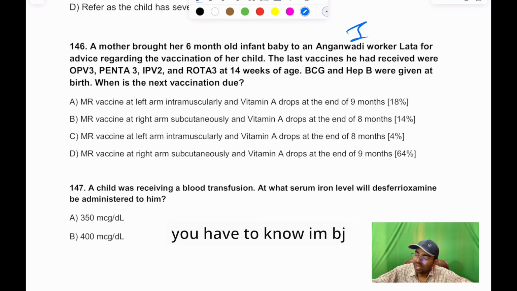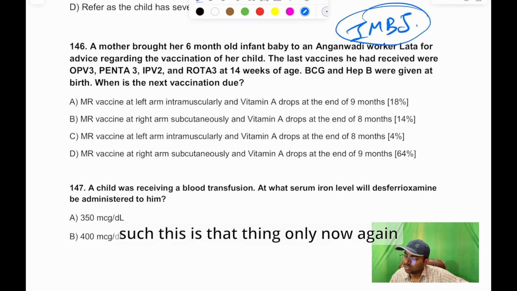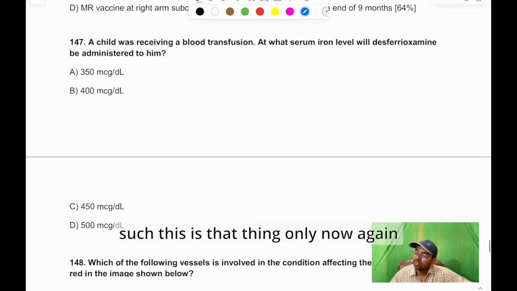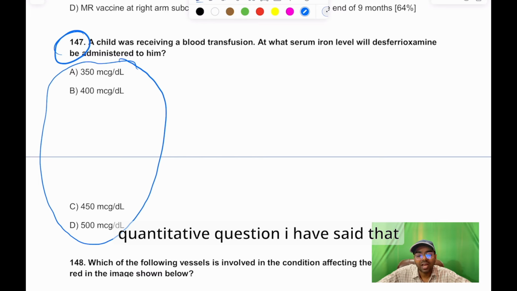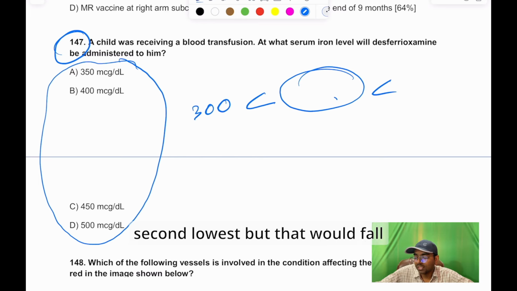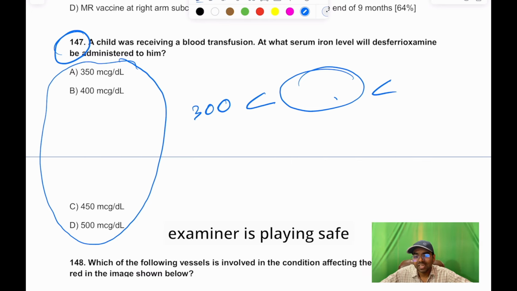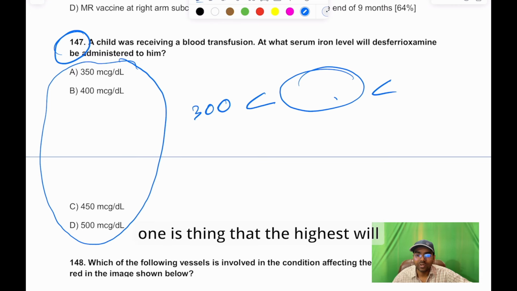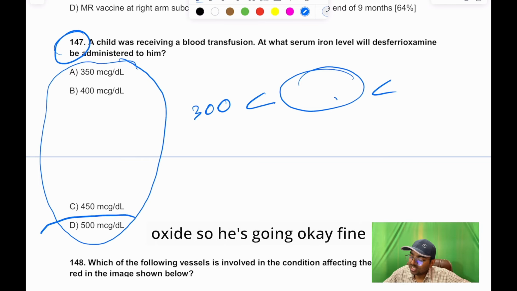You have to know IMVJ. So this is that thing only. Now again, in this quantitative question, I have said that you should arrange it in ascending order and then apply the second lowest, but that would fall flat here. It's just because the examiner is playing safe. In all of the options, one thing is clear, that the highest will definitely involve desferrioxide.